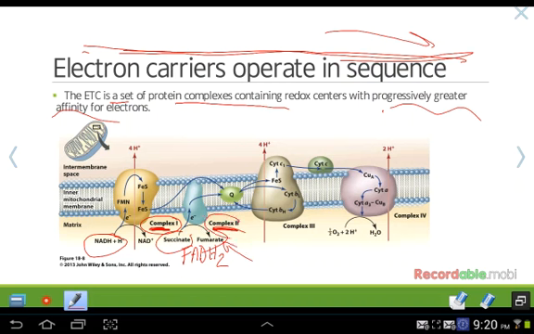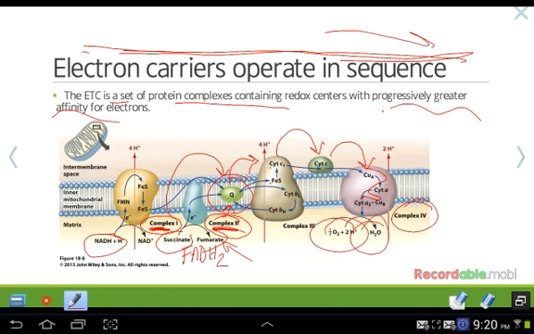Both of these complexes transfer their electrons to coenzyme Q. Coenzyme Q then goes to complex 3 and transfers its electrons through its different redox centers to cytochrome C, and then cytochrome C swims its way over to complex 4, which passes the electrons through cytochrome centers eventually to oxygen, making water.